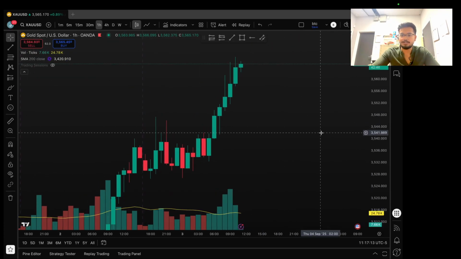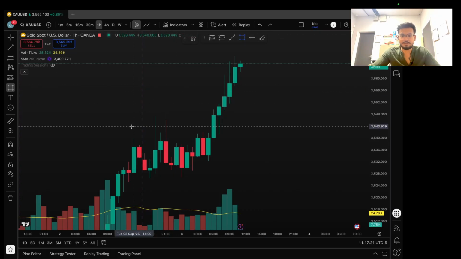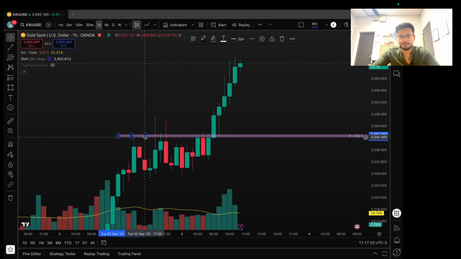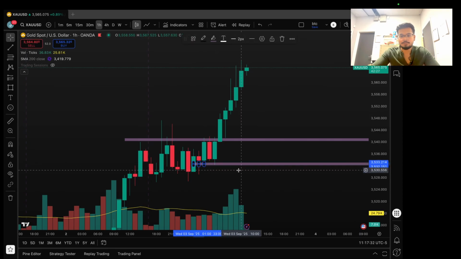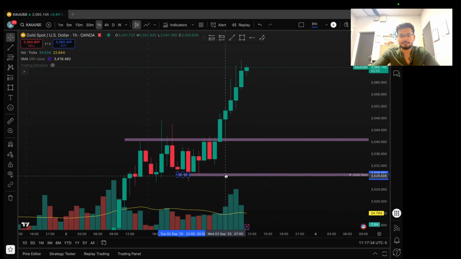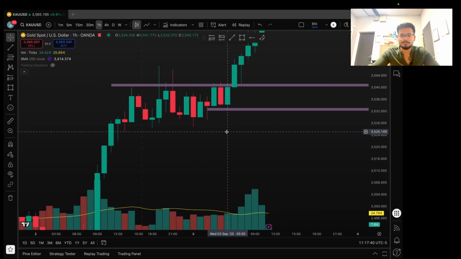Alright, as we can clearly see, price is in an uptrend, right? So whenever price is in an uptrend, you try to identify previous supports and previous resistance. So this, my friend, or perhaps this here, will be our support and resistance.